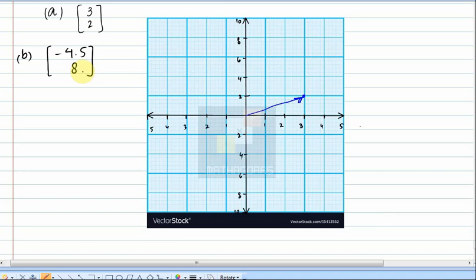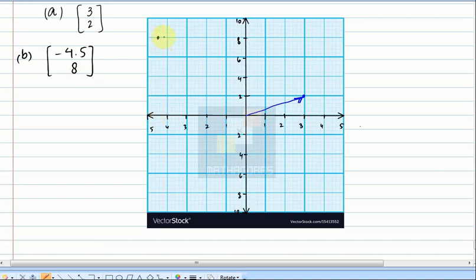Done. So if I draw minus 4.5 and 8, minus 4.5 indicates that we need to move on the negative x-axis. So like here, minus 4.5 comma 8.